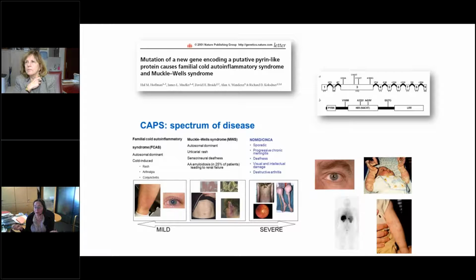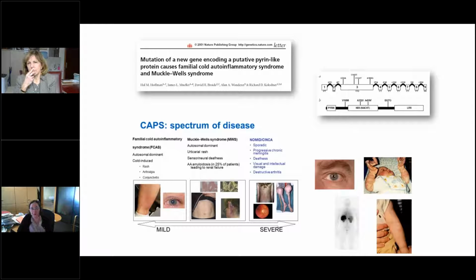This is, in a sense, the paradigm of autoinflammatory disease, with the recognition that mutations in NLRP3 cause constitutive overactivation of the IL-1 inflammasome, and that this disease is driven by overproduction of interleukin-1. CAPS has a remarkably uniform phenotype across the disease severity spectrum. So at the mildest end of the spectrum, symptoms tend to be precipitated by exposure to cold or damp environment, with an urticarial rash, arthralgia, and a red eye.